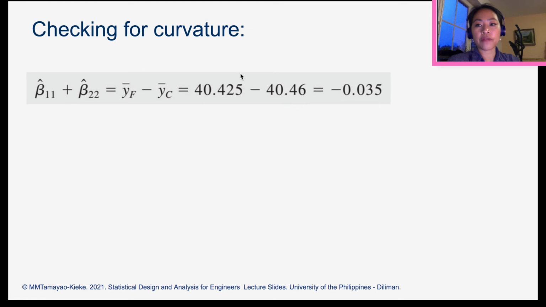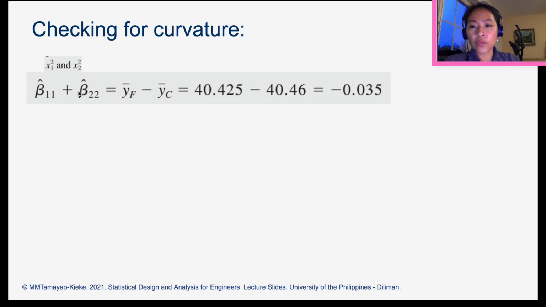Now checking for curvature, beta 11 hat and beta 22 hat correspond to the square of the first independent variable x1 and the square of the independent variable x2 respectively. So if we add these to the model, then we would have a second order model. And therefore, we want to check for the significance of the coefficients for these terms.